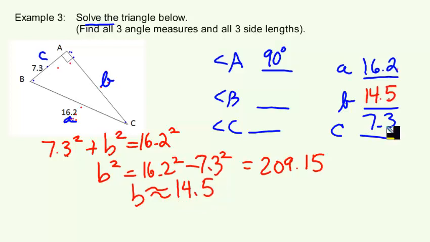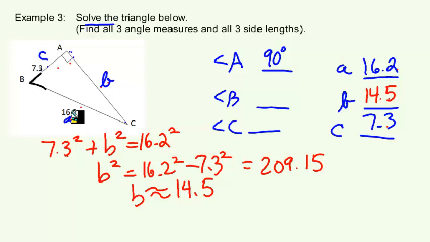We still need to find some angle measures. It doesn't really matter if you do B or C first. I'm just going to pick one. I'm going to work off angle B here. I know the adjacent side of angle B, and I know the hypotenuse of the triangle. And if I know adjacent and hypotenuse, I know cosine.